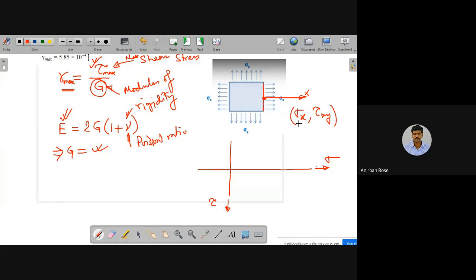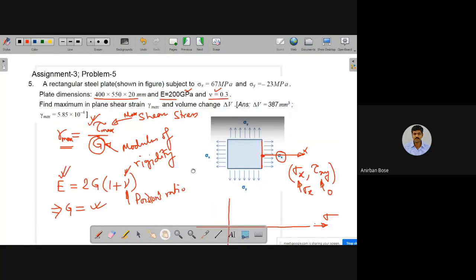And it is clear what the value of sigma x is here. That value is sigma x. And the value of tau xy is 0. So the first point is sigma x comma 0. And in this particular problem, let me see if the value of sigma x is given.